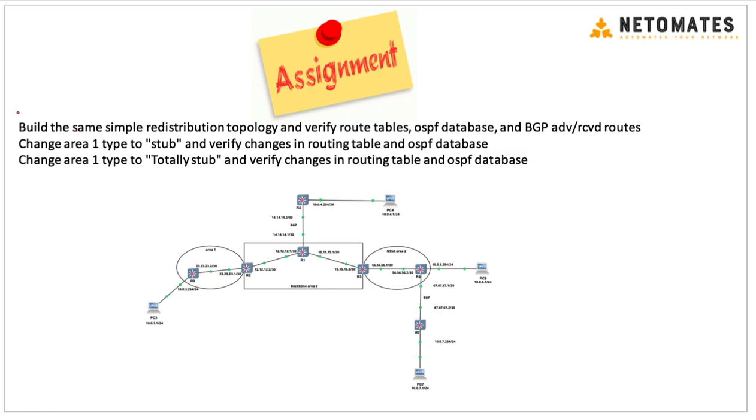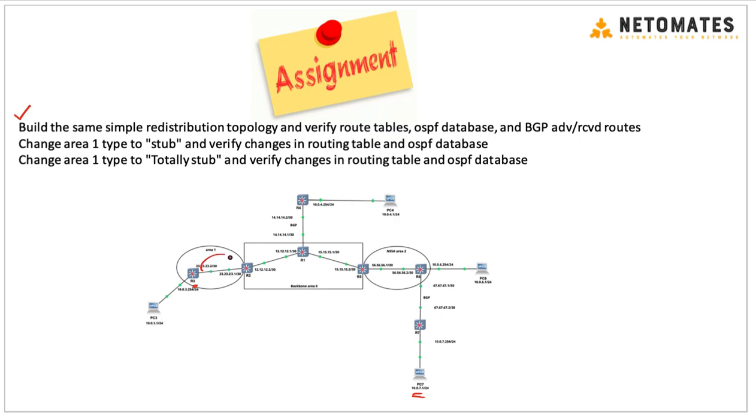So build a similar topology and use the same configuration, then verify route tables on each router and see how the routes are being learned. Just trace. For example, R3 is learning about the 10.0.7 network; see how it is learning. Is it learning through OSPF as an external route or internal route? If it is external, how did OSPF get that external route?